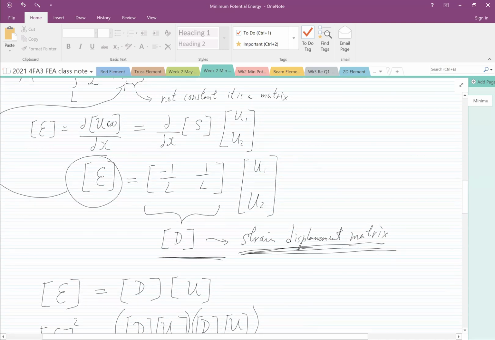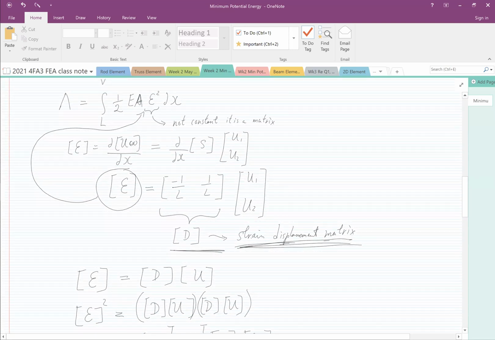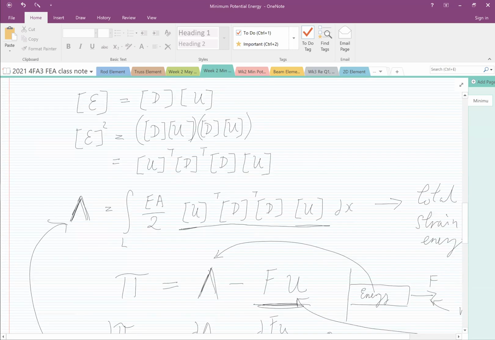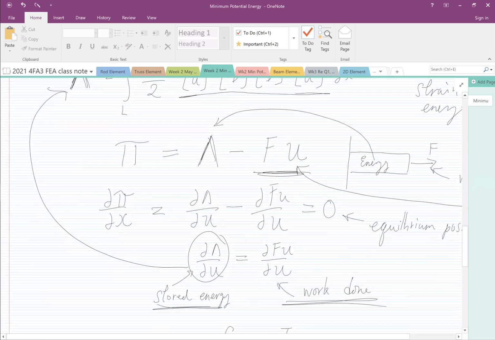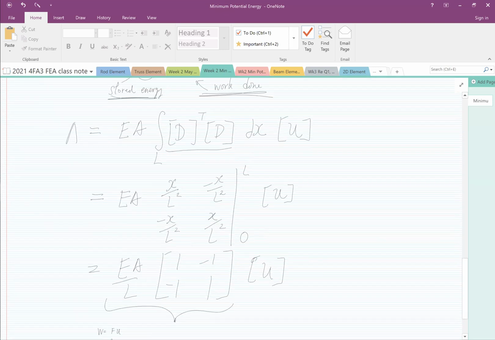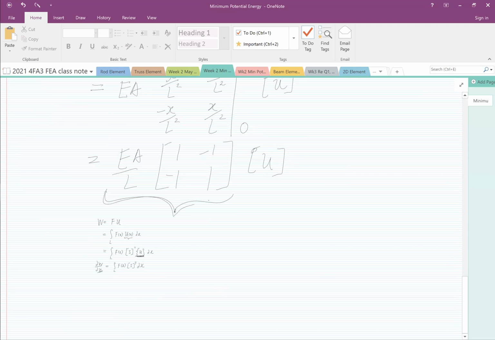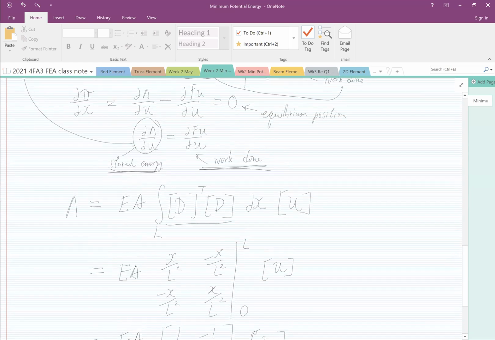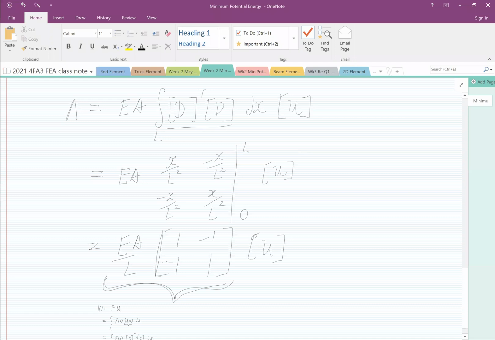With the strain displacement matrix, we can calculate the stiffness matrix. Look at that. With all the math that we've gone through, we're back to square one, the one for rod elements.